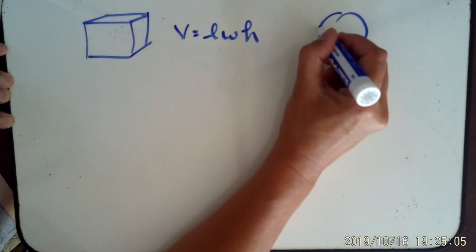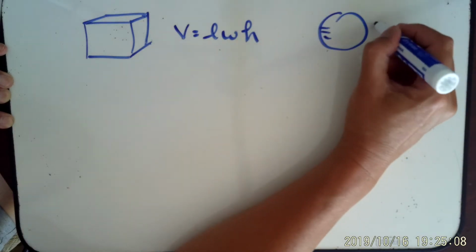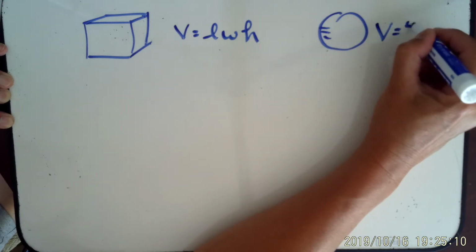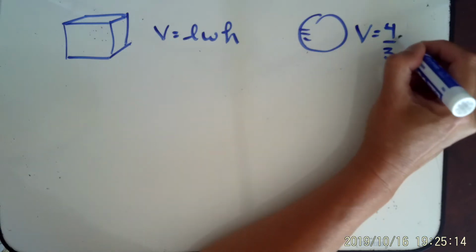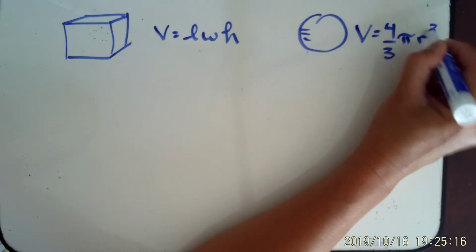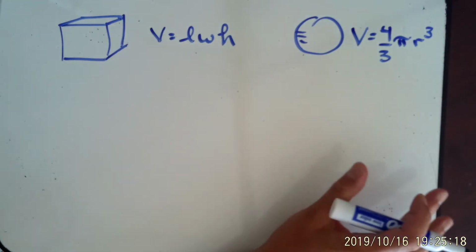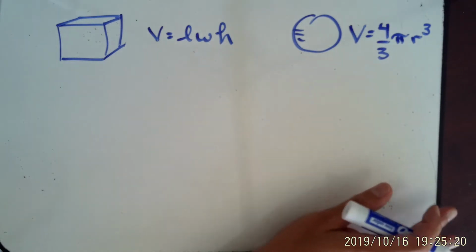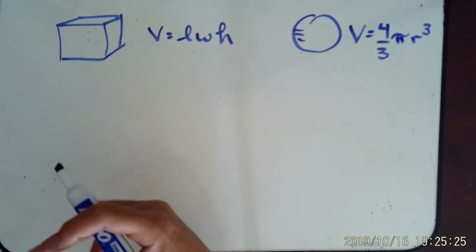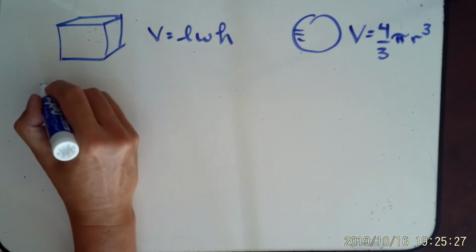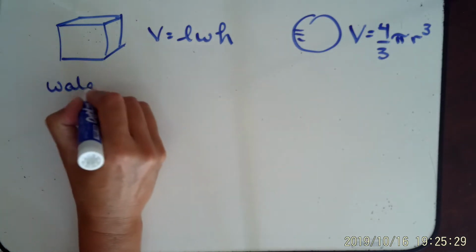If it's a sphere, we know that the volume is equal to 4/3 pi r cubed. So we can use formulas, but more often with an object that doesn't have a regular geometric shape, we have to do what we call water displacement.